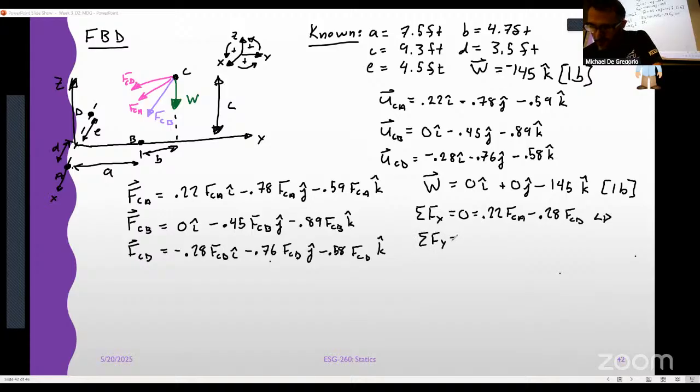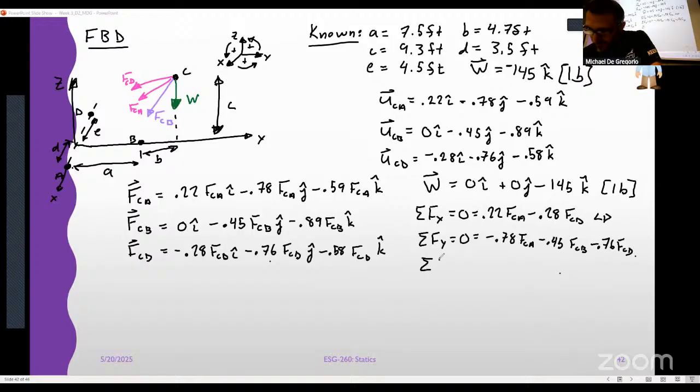Sum of the forces in the y is equal to 0. Now I'm going to take all my j components right here. Minus 0.78 FCA minus 0.45 FCB minus 0.76 FCD.